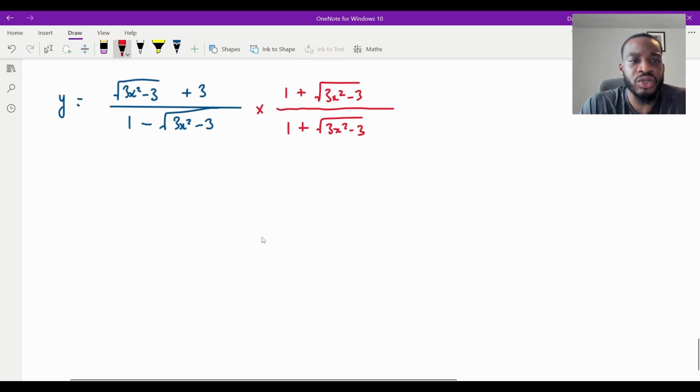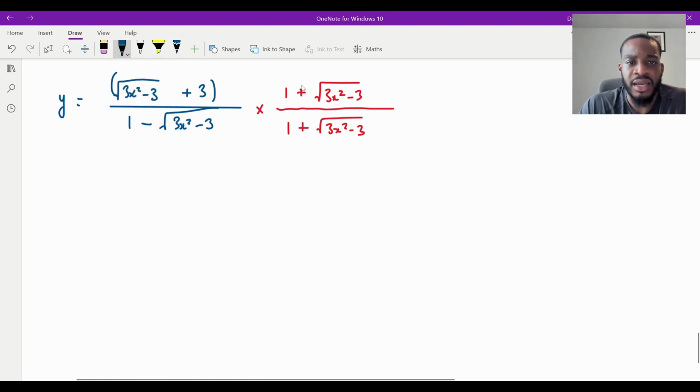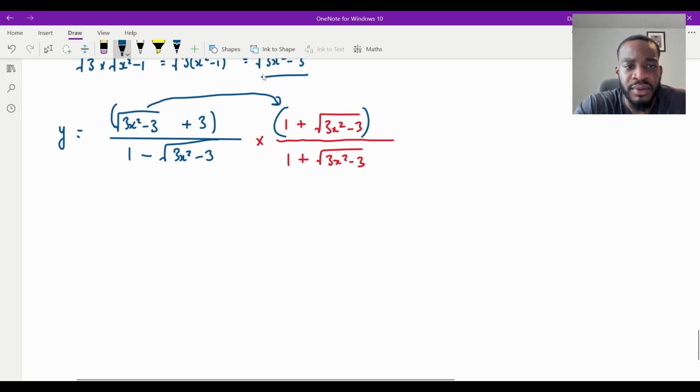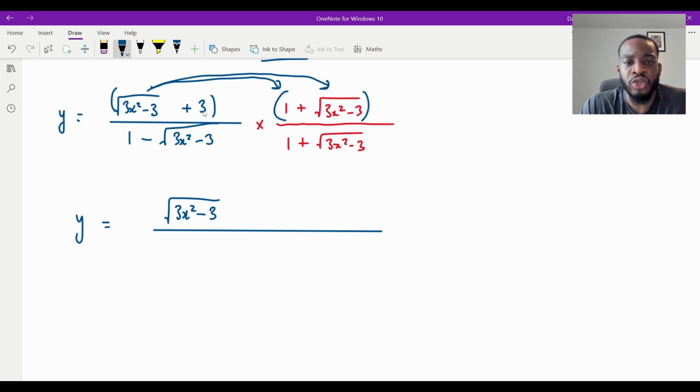So let's do the numerator first, the harder part. If I do that there, like that, and then like that, it's going to be that times by that, which is just going to be root of 3x squared minus 3. So put that there. Then it's going to be that and that, which means the square roots are going to cancel.